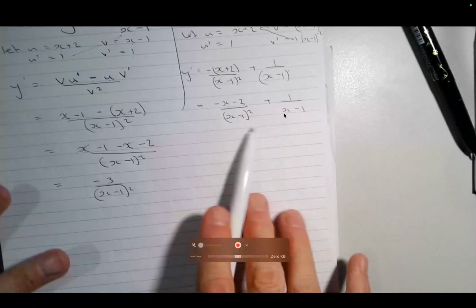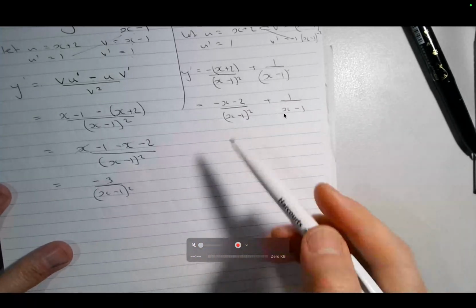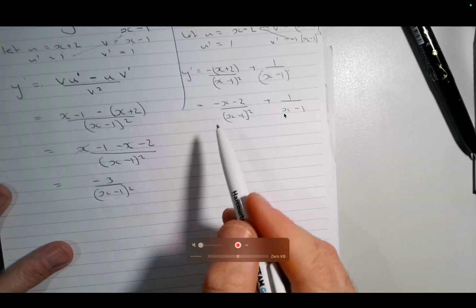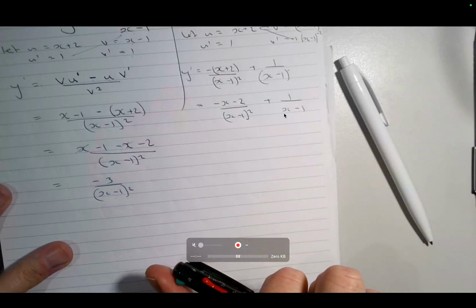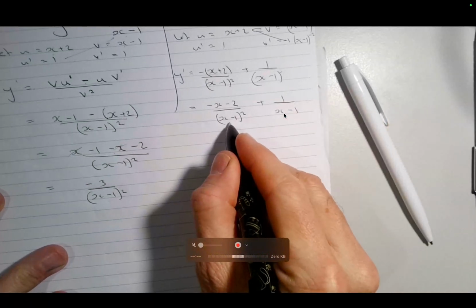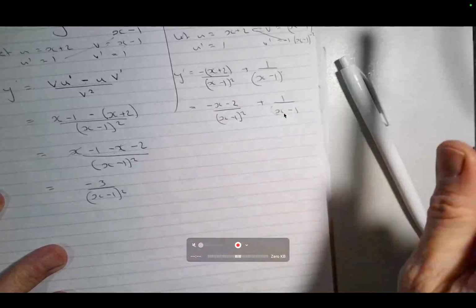In fact, I'm going to do a proof over here. I'm going to make this the same as this. We've got two terms here, this is just one term. Now what I'm going to do is change a pen. Let's go to green, and I'm going to times by x minus 1 squared. And the pen doesn't work.